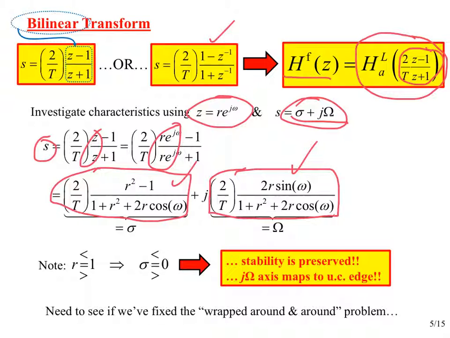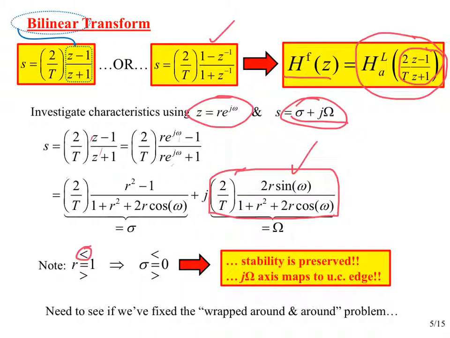And so now we can check. So if we let r be less than 1, it's easiest to see in the numerator, we'll get something in the numerator that is negative.